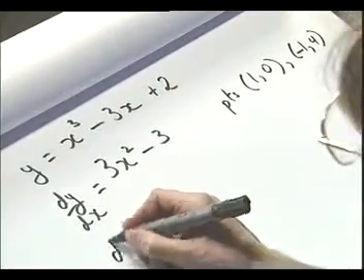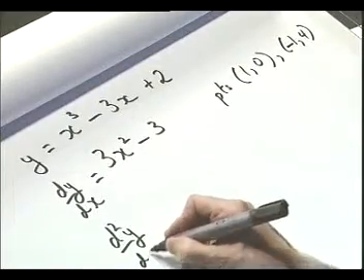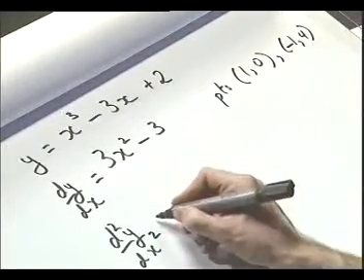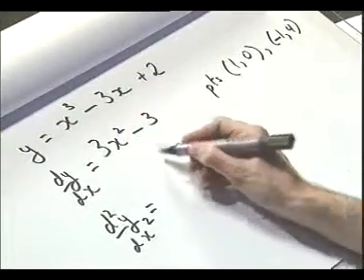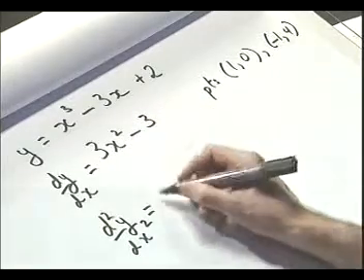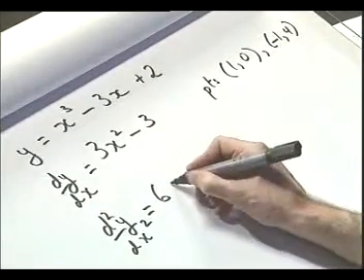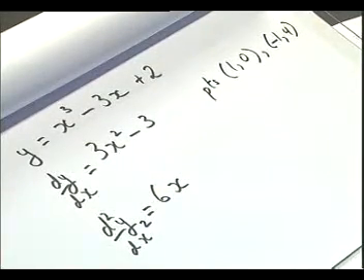So now let's take the second derivative, d2y by dx squared equals. So we differentiate this, and the derivative of the first term we multiply by the index, so 2 3s are 6, and take 1 off the index, that's x. And the derivative of 3 is just 0.